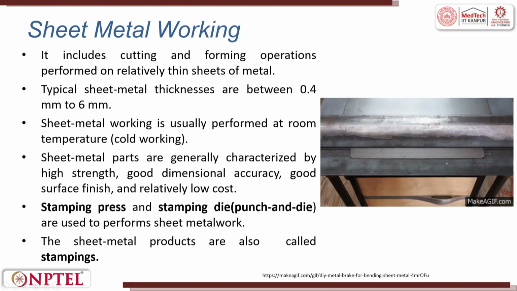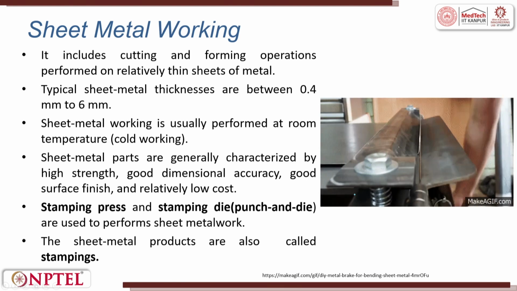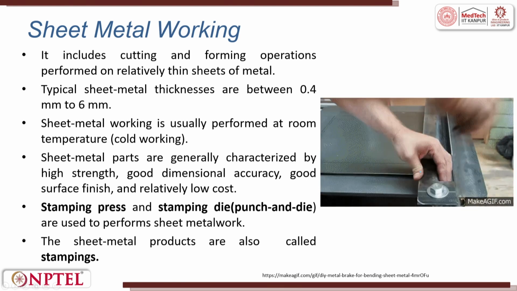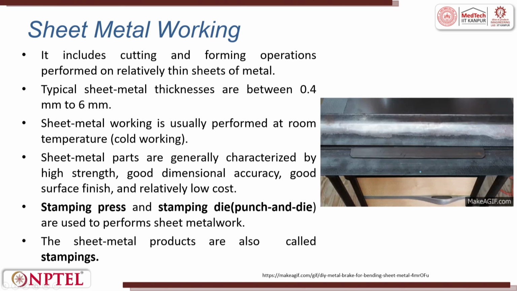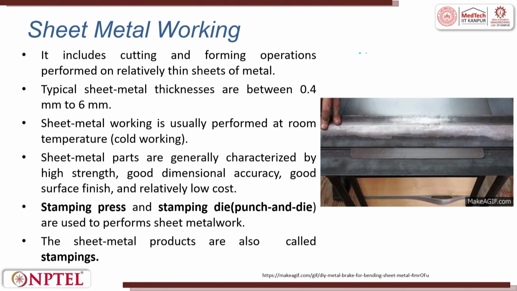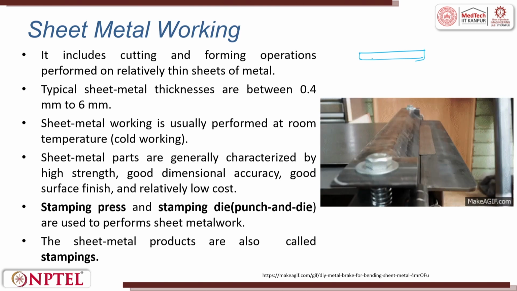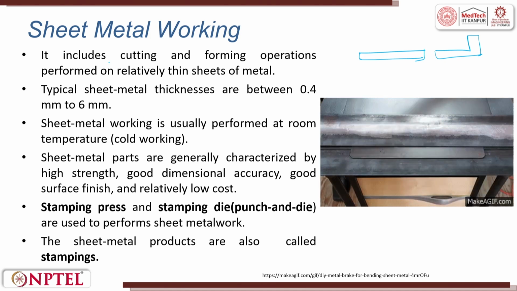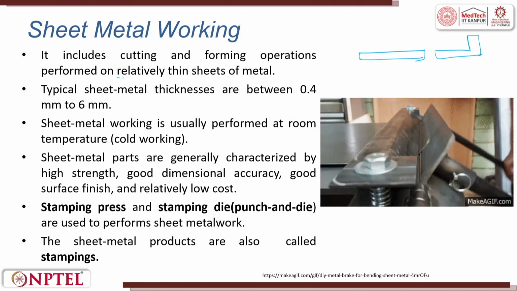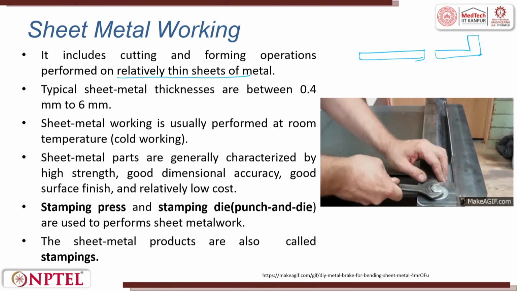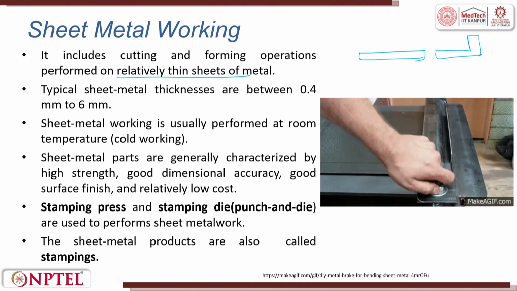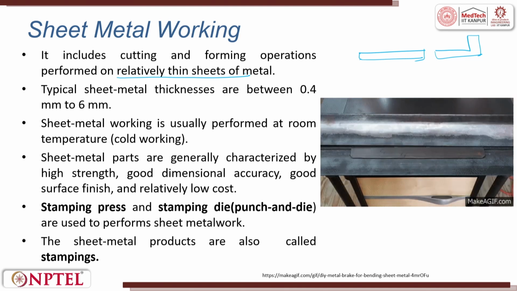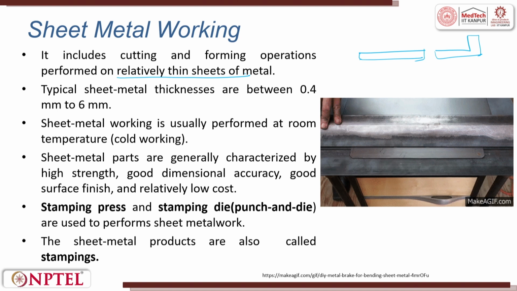This is a sheet metal process, wherein we put a sheet and try to bend the sheet such that we can create an L type angle. So, it includes cutting and forming operations performed on relatively thin sheets of metal. We look at mild steel, copper, titanium, magnesium and many more.